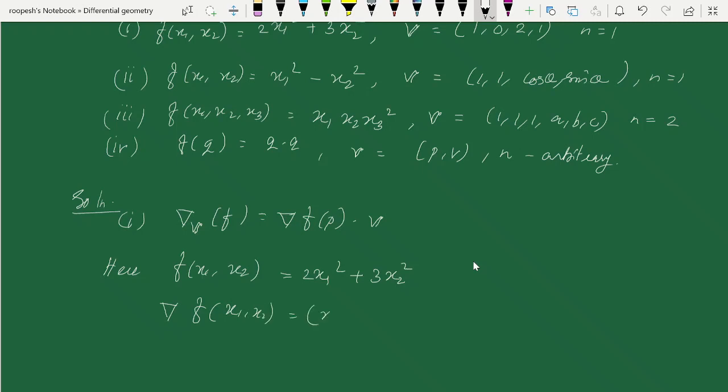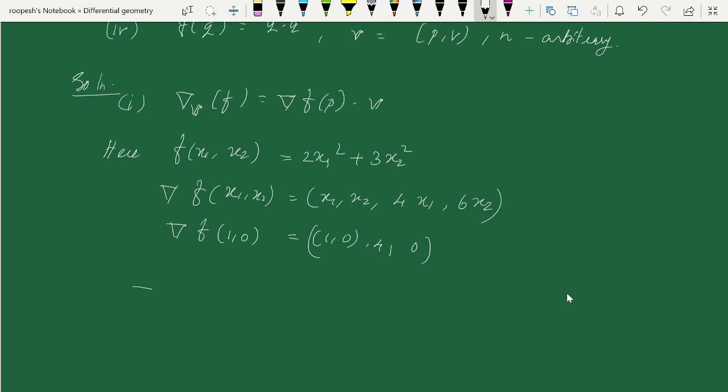Taking the derivative, it becomes (4x1, 6x2). And del f of p, here p is (1, 0), so del f of (1, 0) is equal to (4, 0).